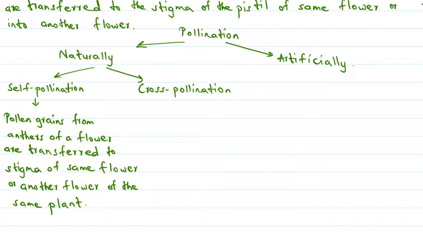Now let's see what is cross-pollination. So it is a type of natural pollination.